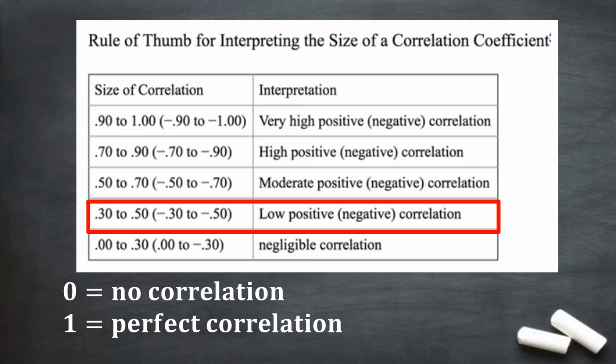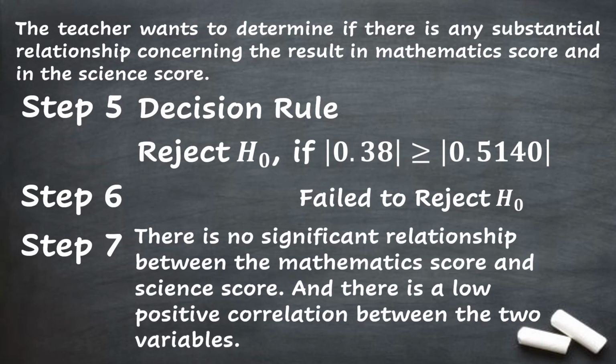Meaning po, it is still congruent with the prior conclusion that we have na there's no relationship between the two variables. Our final conclusion will be there's no significant relationship between the mathematics score and science score, and there is a low positive correlation between the two variables.